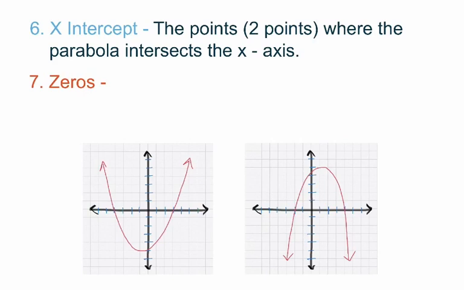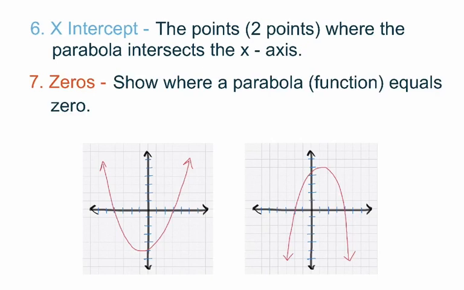If you see zeros, so if you're asked to locate the zeros, you are essentially doing the same thing as finding the x-intercept. This shows where the function equals 0. I'm even going to write it in: same as x-intercept.